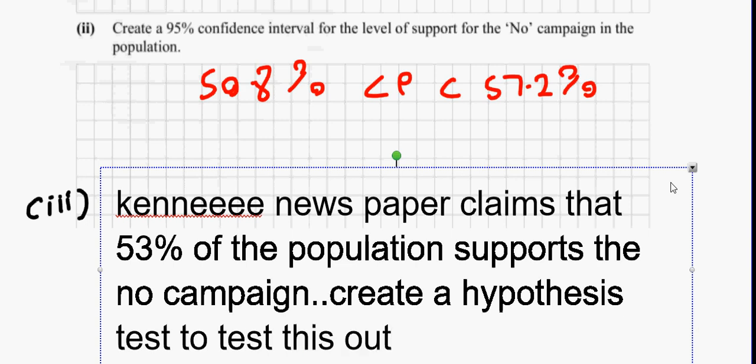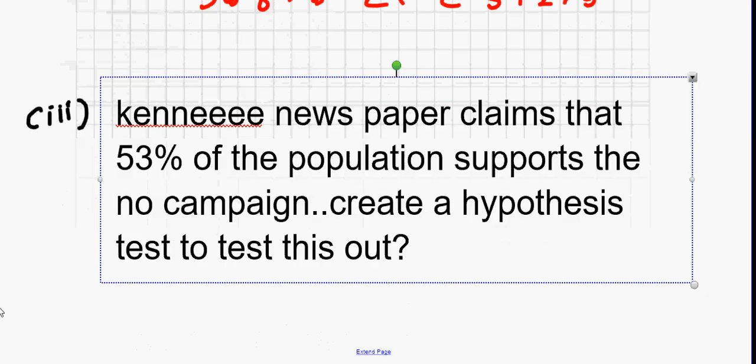Does everybody know what a hypothesis test is? H0 is the percentage of people who support the no campaign is 53%, and H1 would be the percentage of people who support the no campaign is not 53%. Does that make sense?